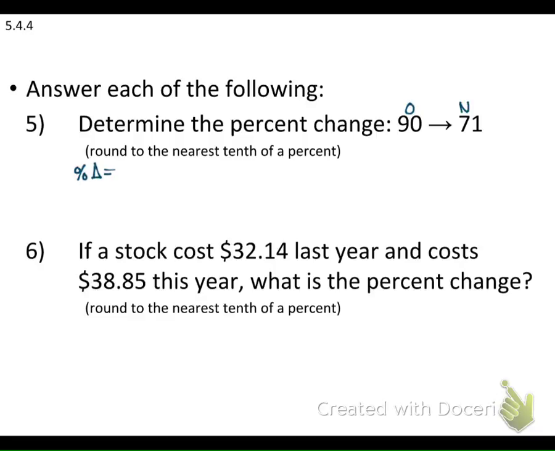Okay, go ahead. Percent change equals 71 minus 90, divided by 90, times 100%. Now, before you solve this, is this going to be an increase or a decrease? Yeah. Okay, so when you take 71 minus 90, divided by 90, times 100%, what did you get?